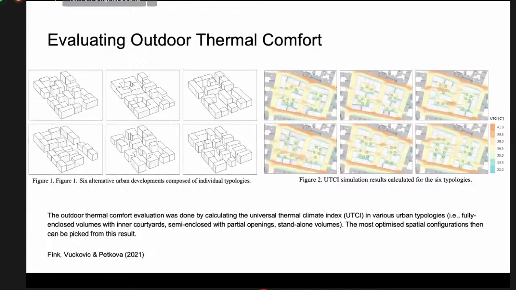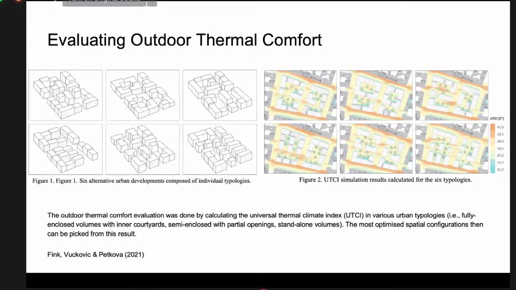In this example, they tried 6 alternatives of urban development and tested the thermal comfort. From those 6 alternatives, it shows how the thermal comfort occurs in that area, which part of that area becomes more comfortable and less comfortable.